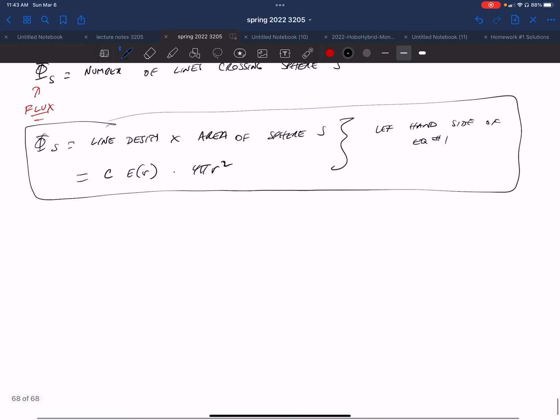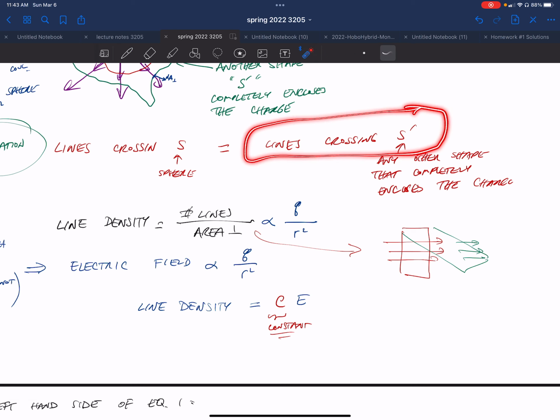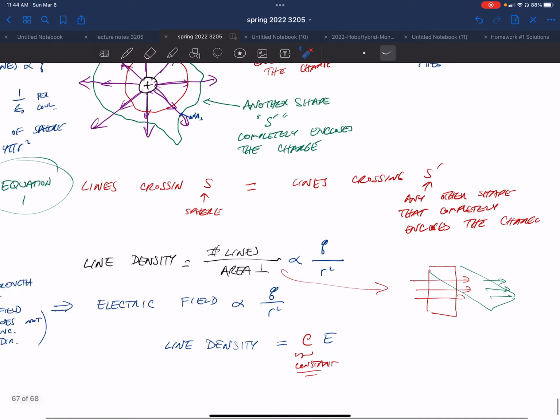Now the right-hand side of equation 1 gets a little bit more complicated. That's this guy here. It's the number of lines crossing S prime, which is this weird shape that we drew. It could be any shape, as long as it completely covers or encompasses the charge, whatever charges are in the sphere as well.